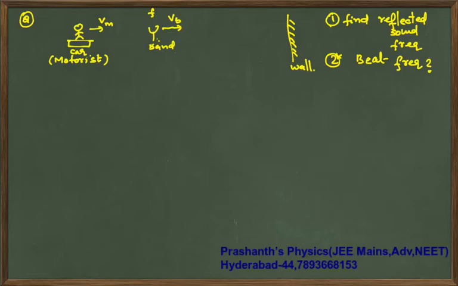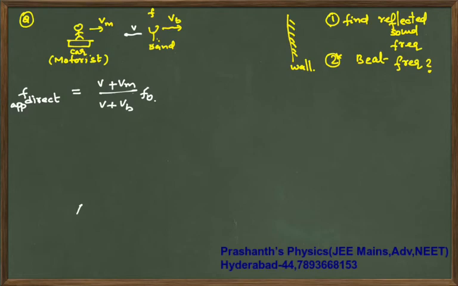The apparent direct frequency: sound will travel this way, velocity of sound with respect to observer, v plus vm, by velocity of sound with respect to source, v plus vb, times f naught.